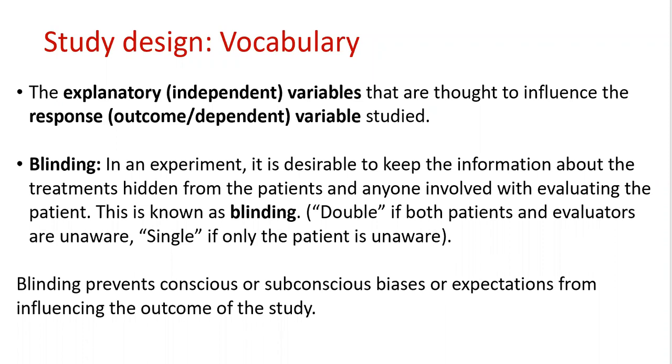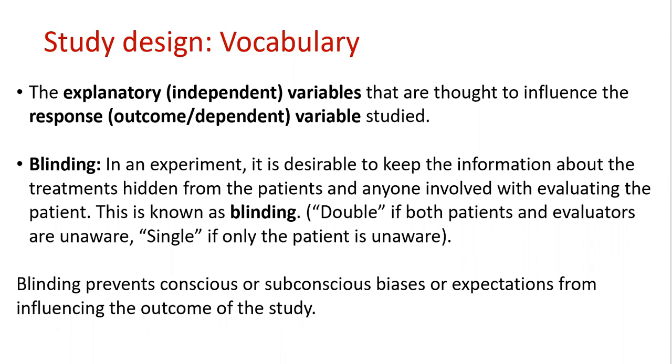Some more vocabulary terms. We have the explanatory or independent variable that is thought to influence the response or outcome, or dependent variable, that we want to study. So in our example with the Salk vaccine, the actual vaccine was the independent variable.